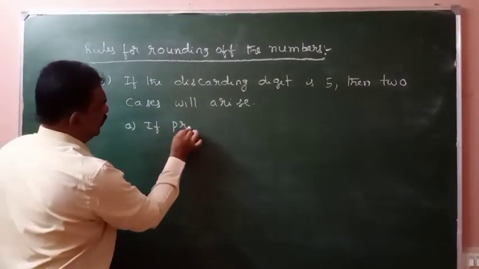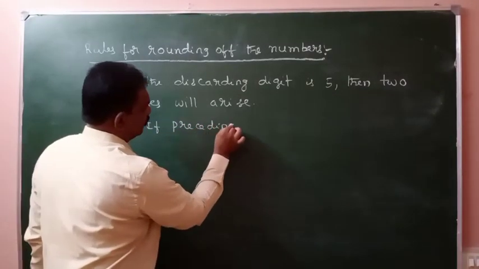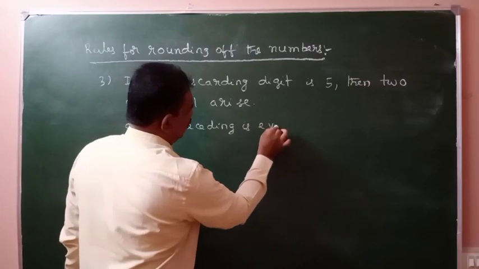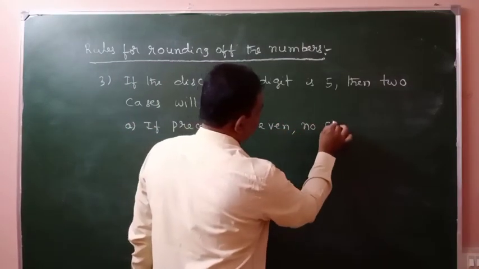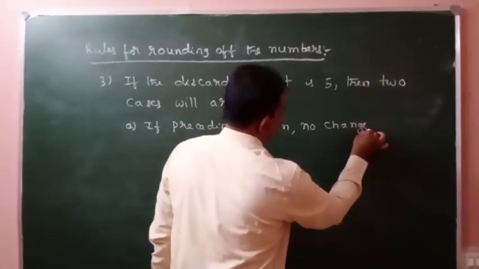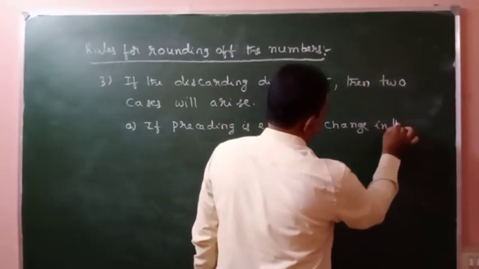If preceding digit is even, no change in that digit.